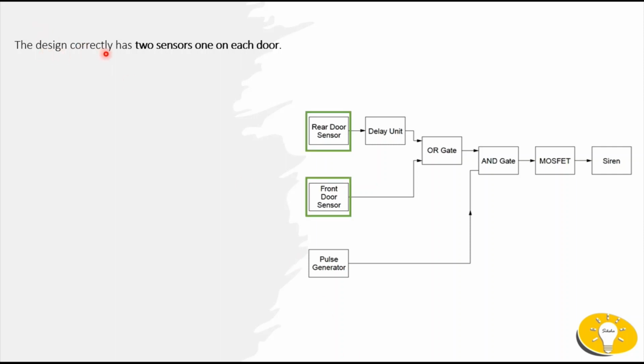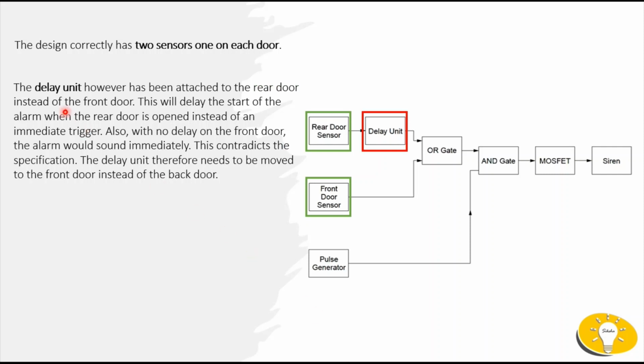The design correctly has a sensor on each door, so that's the good part. The delay unit, however, has been attached to the rear door instead of the front door. This will delay the start of the alarm when the rear door is opened instead of an immediate trigger.